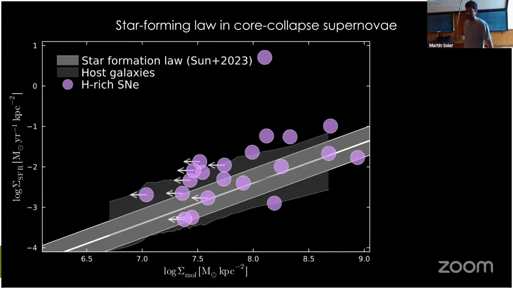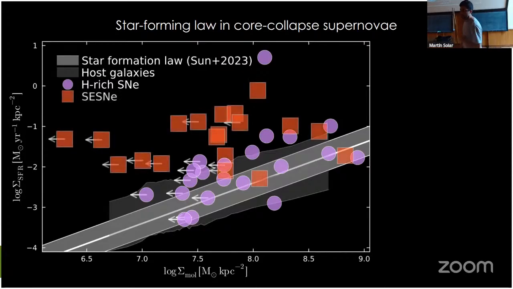So it is expected that the progenitor channels of these supernovae are associated with massive stars. What is more interesting is when we include stripped-envelope supernovae, denoted by these red squares. If we focus on the x-axis, they share similar properties. But if we focus on the y-axis, the stripped-envelope supernovae are associated with more massive stars.